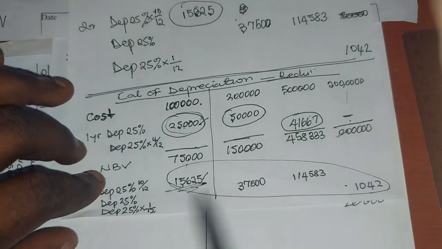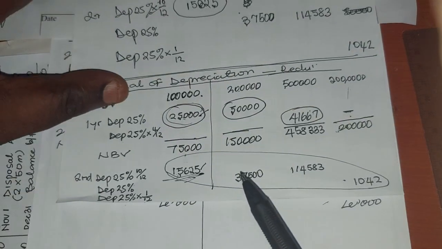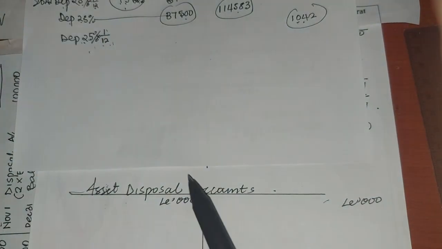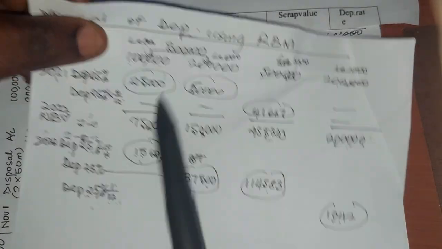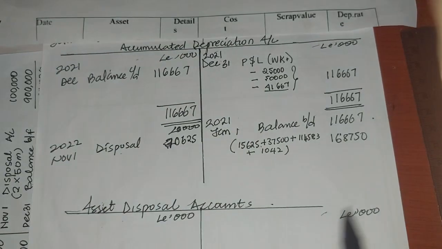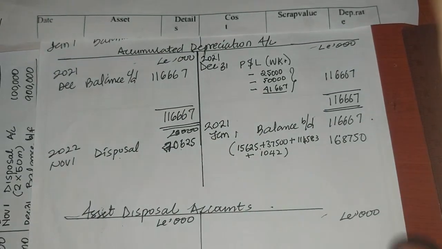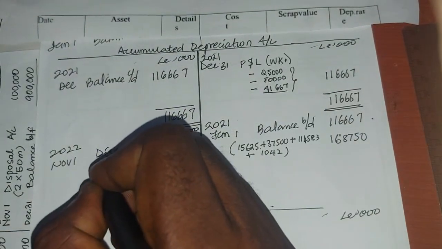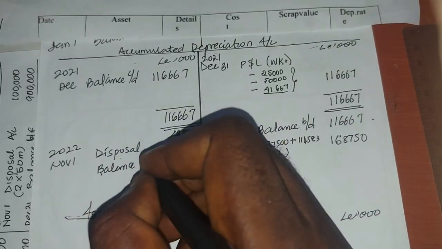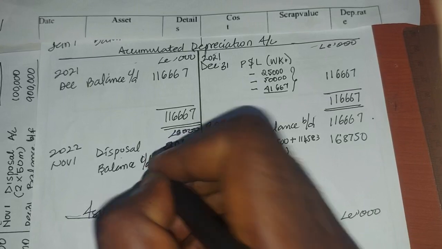If you look at the workings very well, it has given you this figure. So this goes to the disposal account. So I'm coming to the accumulated depreciation account. Then you're going to have the balance carried down.